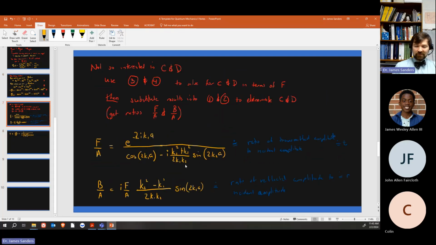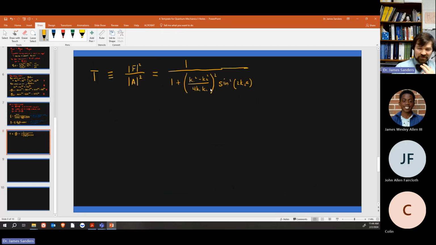Going back to here, we have made use of the fact that if you square these two terms, you'll have a cosine squared of this term and a sine squared of this term, but with different coefficients. So we're essentially making use of cosine squared plus sine squared is 1. And then this part of the term is what's left over after that operation.